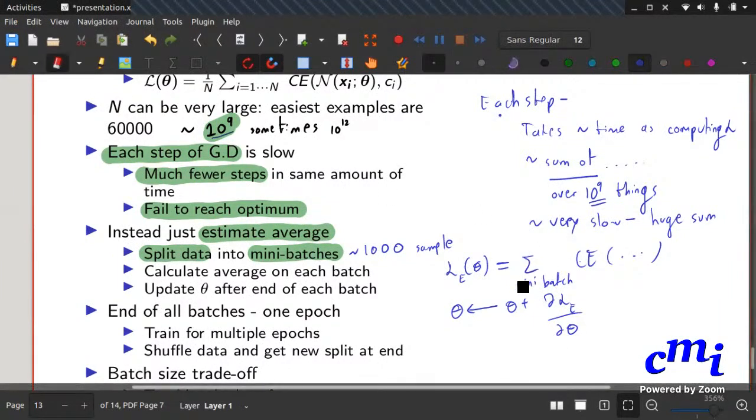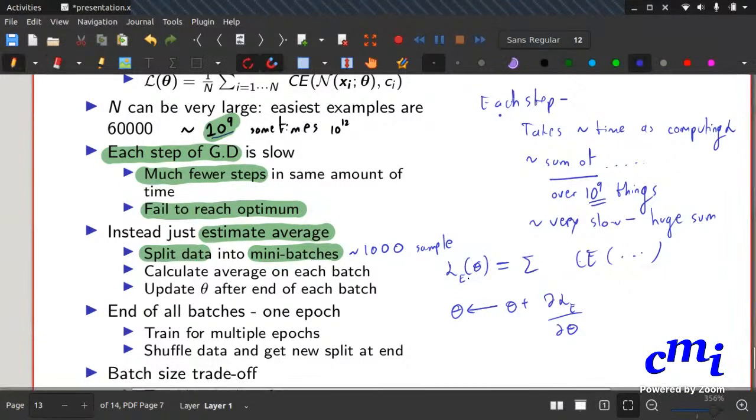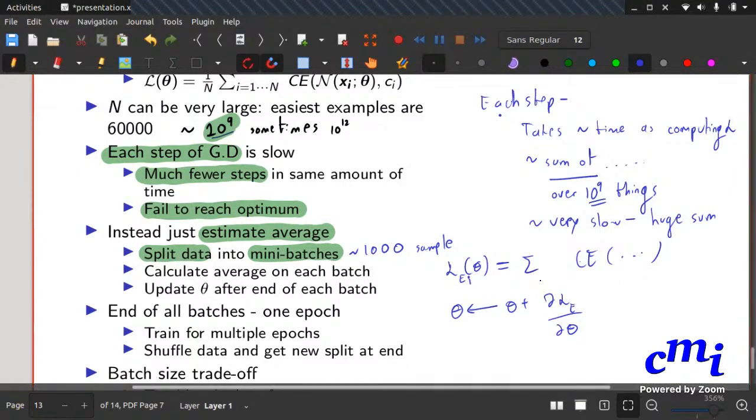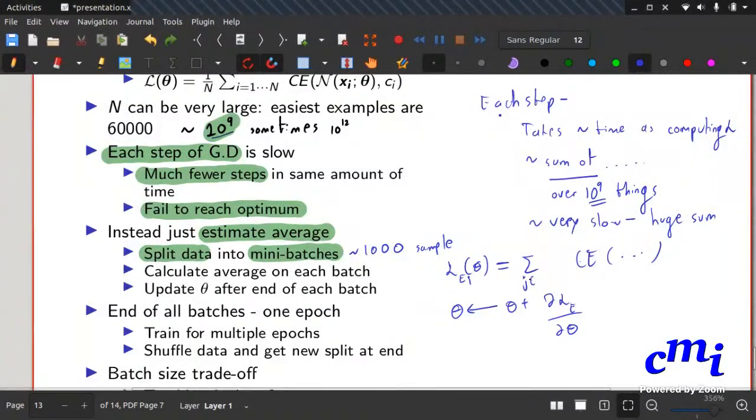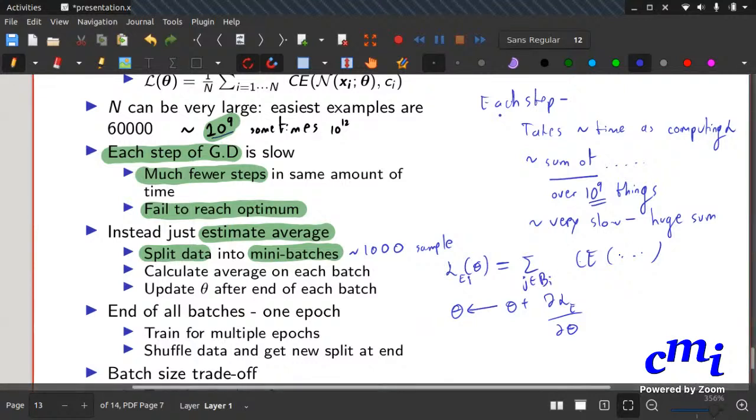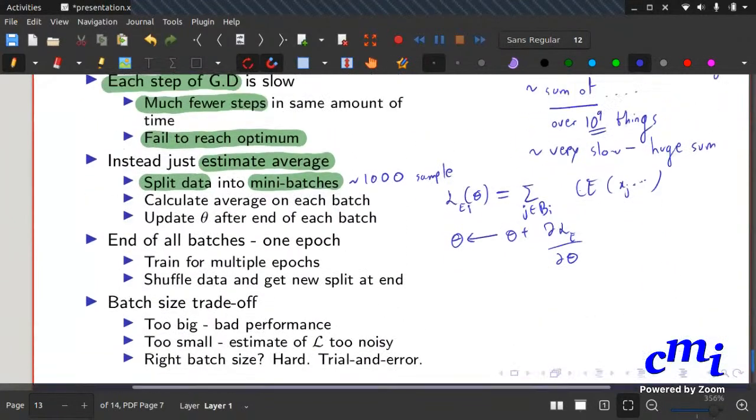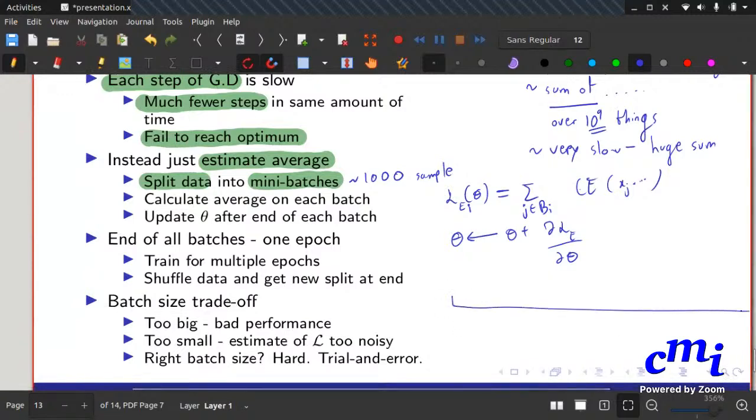So this delta LE is with respect to, let's say, mini batch number I, where this is the cross entropy of the input J and so on belonging to batch I. So what we have done is we had an entire huge data set of 10 to the power 9 things, and we split it into some mini batches, each of around 1,000, so 10 to the power 3 things.